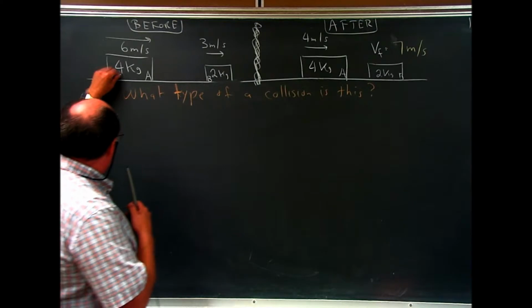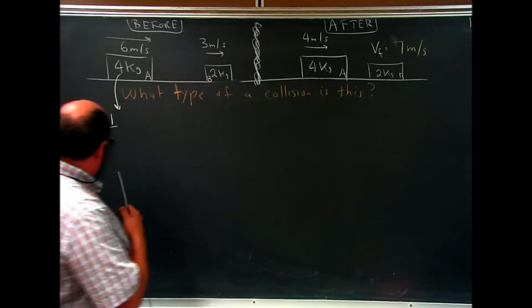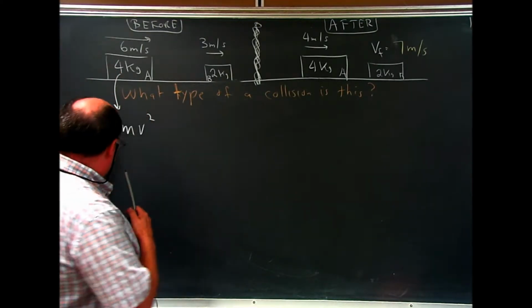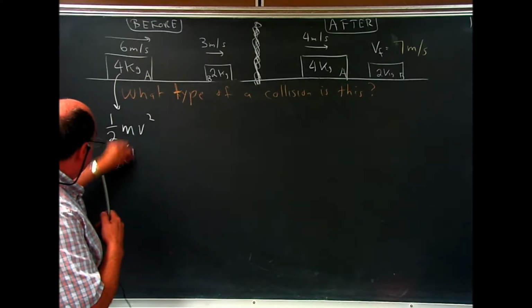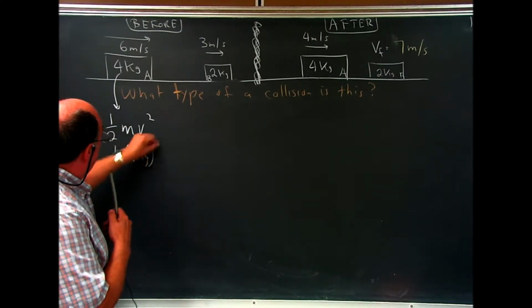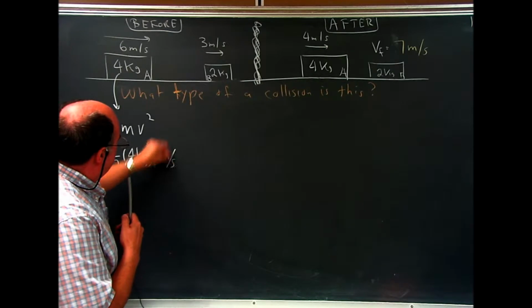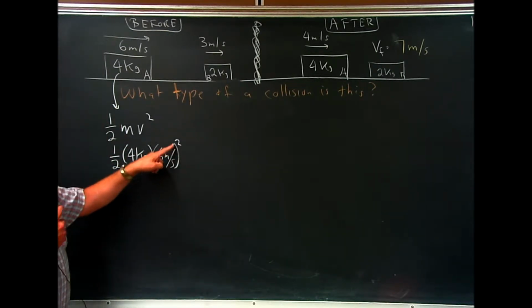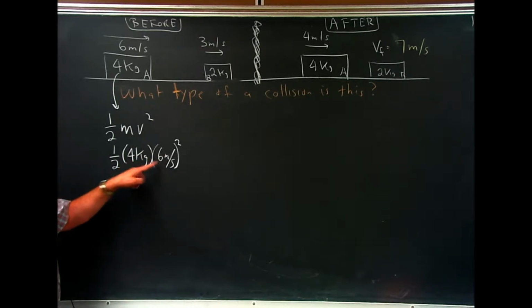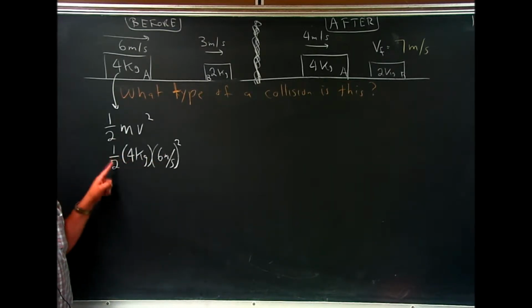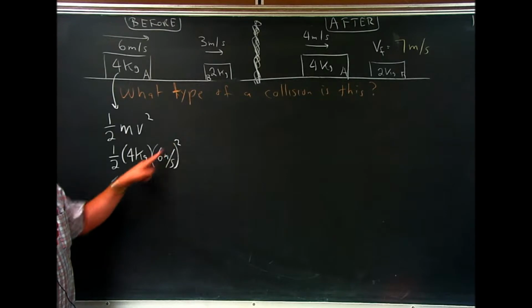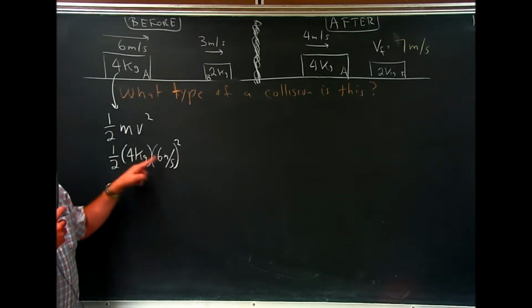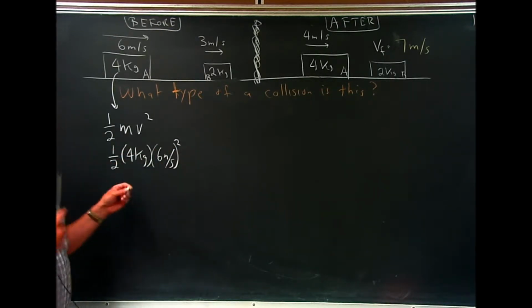So the kinetic energy of this piece right here would be 1/2 mv squared. I'll just plug it in. It's 1/2, m is 4 kilograms, and v is 6 meters per second. We have to square it. You can do this basically in your head, hopefully. 1/2 times 4 is 2, and 6 squared is 36, times 2 is 72.